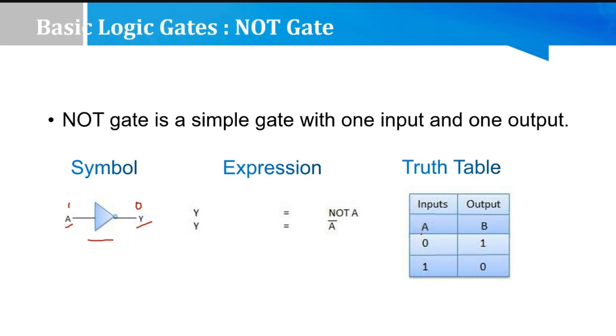Here the input is A, and if you provide the input as 0, it gives the inverted and you get the output as 1. That is why it is represented as A bar.